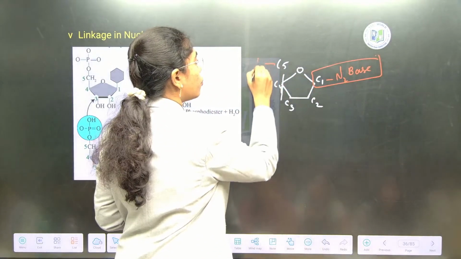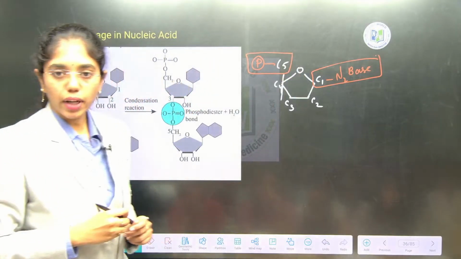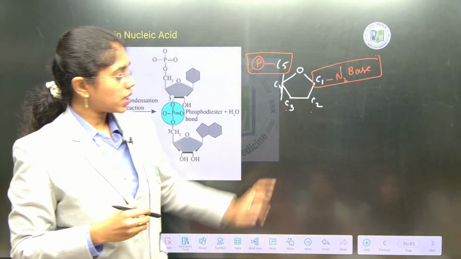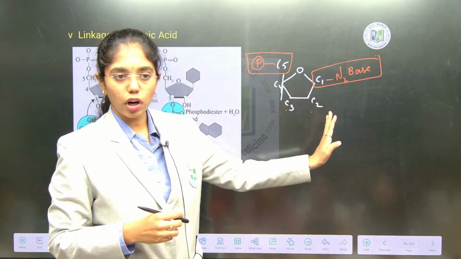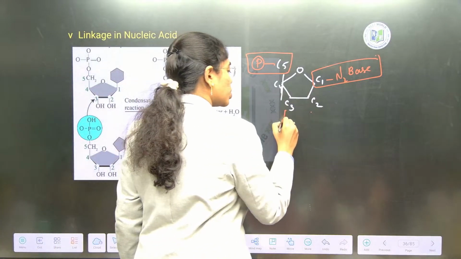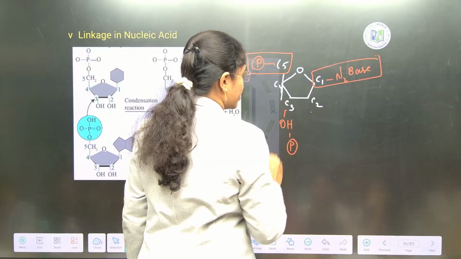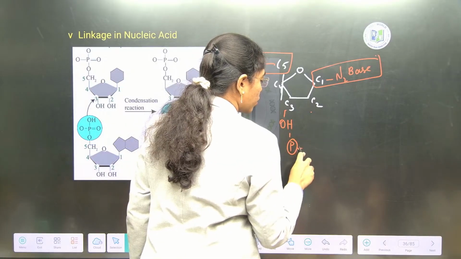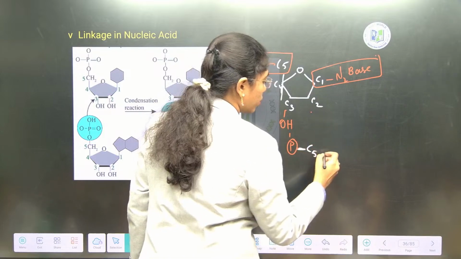And here the phosphate group is attached. This forms a single nucleotide. At third carbon and second carbon, what are present? OH group is present. At the second carbon, OH will not be there if it is DNA. Here the OH which is present is joined to the phosphate group, which is connected to the fifth carbon of the succeeding nucleotide, like this.